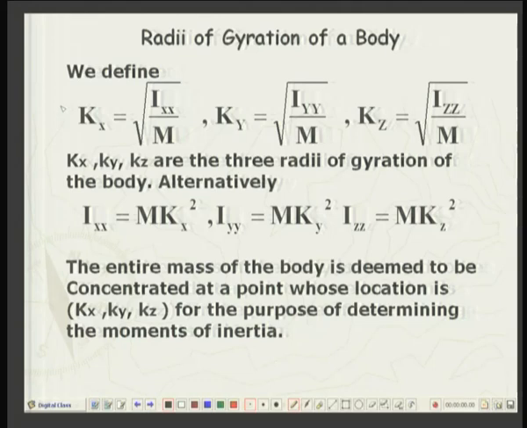So, what is the physical interpretation of these radii of gyration? You can treat them as the three coordinates of a point where the entire mass of the body can be assumed to be concentrated. So, let us say you shrink the given body continuously till it reduces to a total mass at a point. Okay, it keeps on shrinking, and by conservation of mass, the total mass is not being reduced, but the density is being made higher and higher.